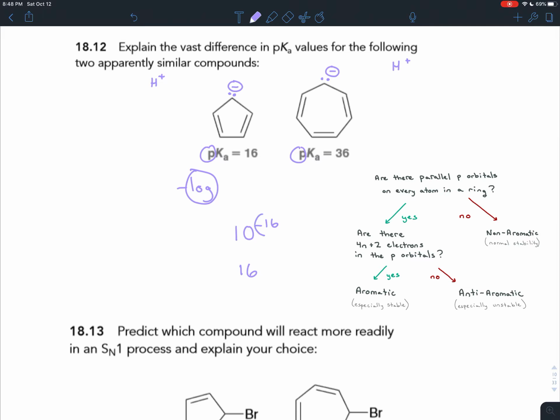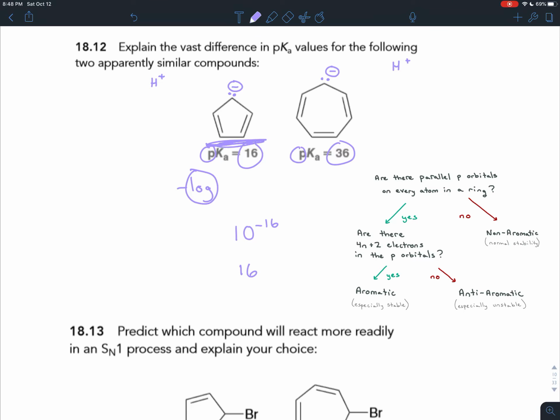But one thing to remember is that the log solves for exponents. You take the negative log to get rid of the negative sign to make it even more intuitive, but the log solves for exponents, which means that two molecules that have a difference of 20 in their pKa's, when you're actually thinking about the difference in acidity, that's not just a difference of 20, that's a difference of 20 powers of 10.